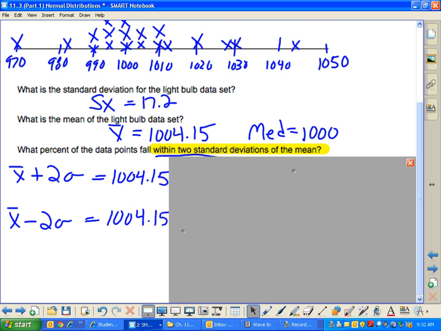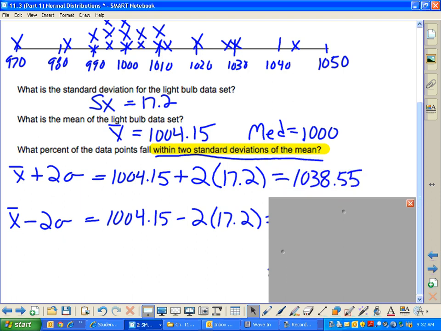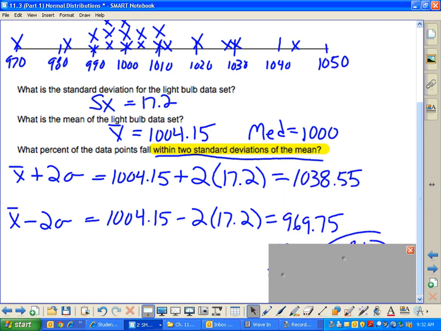So I do these calculations. My mean from the previous problem was 1,004.15. And then I'm going to add and subtract not 1 but 2 standard deviations. In other words, 2 17.2s. You don't need to add it on twice. You could just add the product of 2 and the standard deviation. Now what this does for us is it sets up an upper boundary and a lower boundary for us to count off.